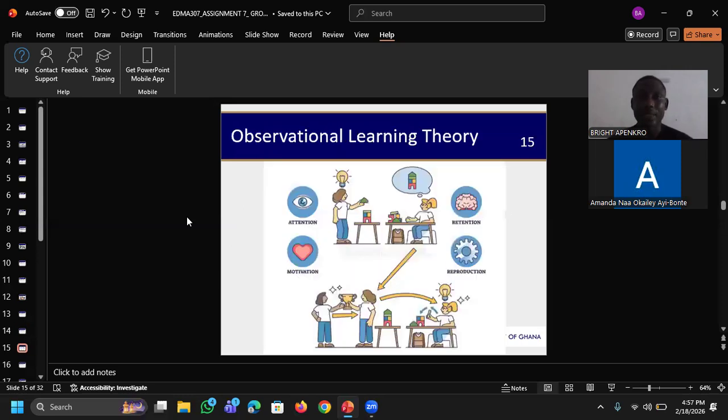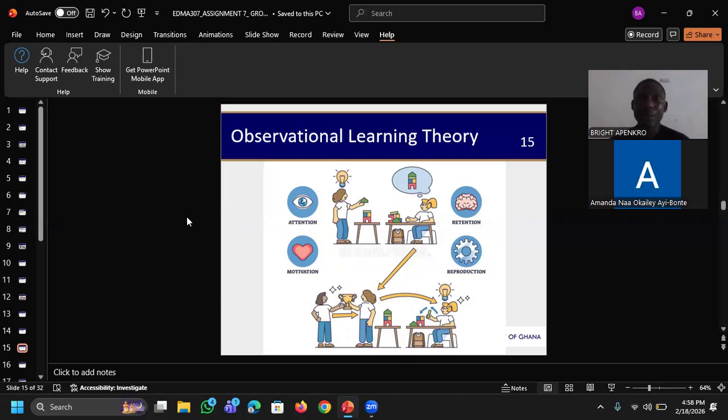Now, let us look at observational learning theory. When we say observation, what do we mean? You have a critical look at something, and so let us look at the picture. We have attention, then motivation, then retention, and then reproduction.